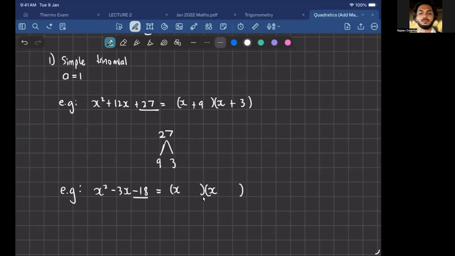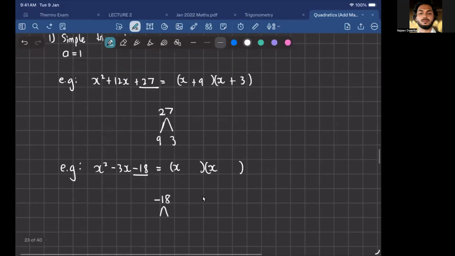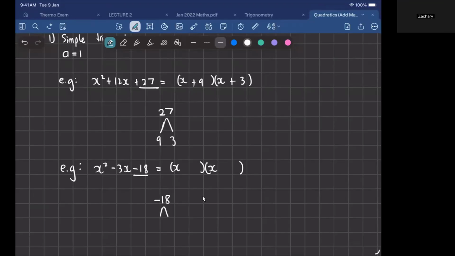We're going to look at the last term. How could you multiply to get minus 18, but add to get minus 3? Think to yourself, how could you multiply to get minus 18? 6 by 3, sir. Okay, 6 by 3 would give you positive 18. It wouldn't give you negative 18.